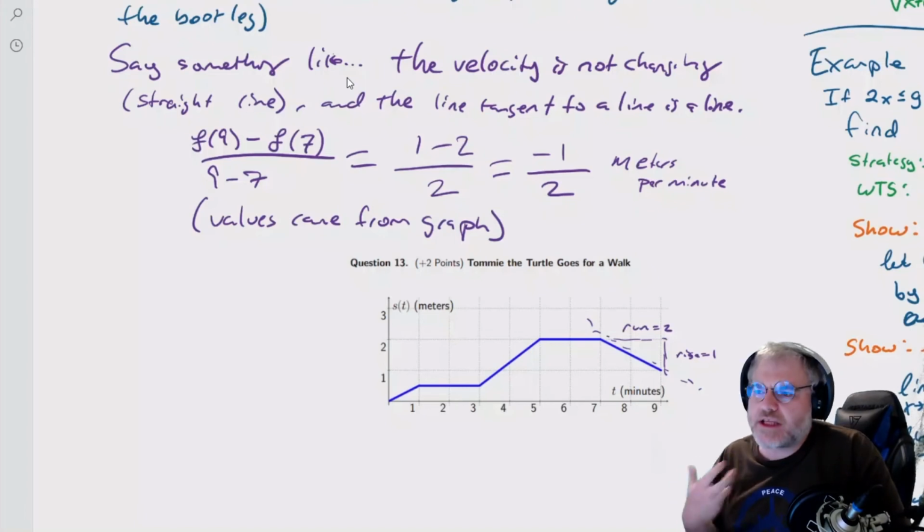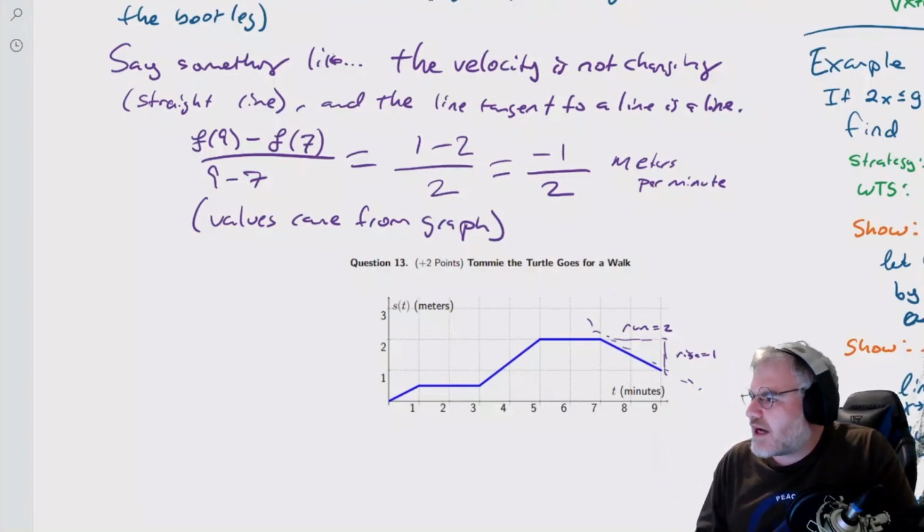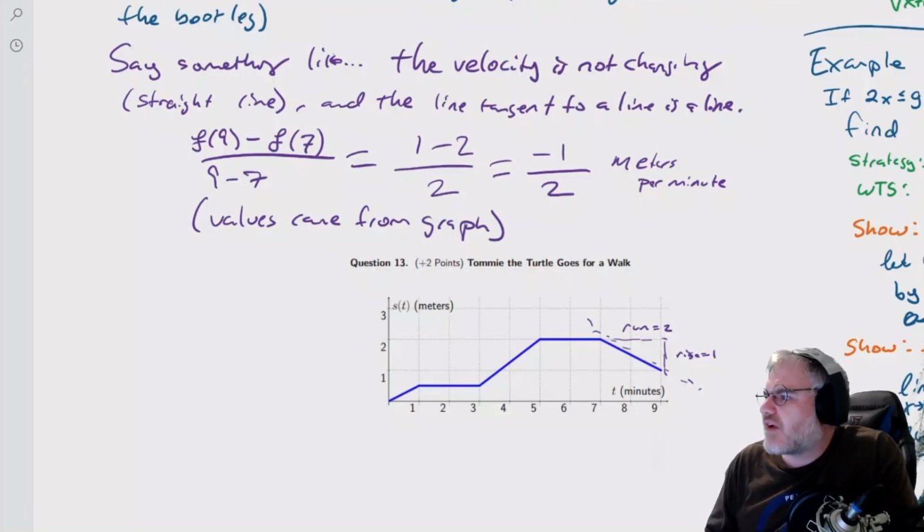Question 14 is really related to the problem set that we were working on today. It is very, very similar to problem set 4, this page.